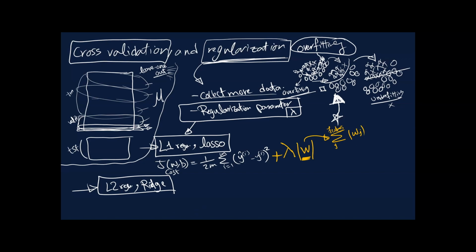So basically, we take the absolute value of every weight, we add them together, and then we multiply by this lambda value.